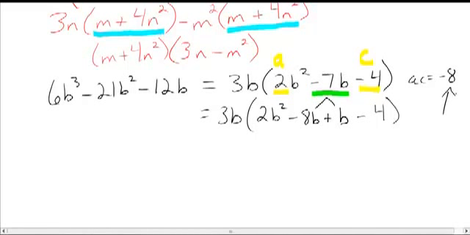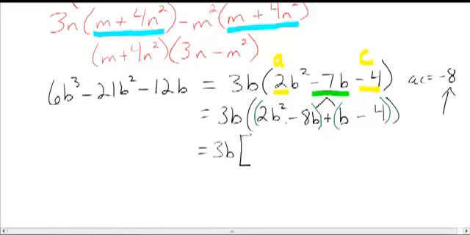So now what I've got is this pair here I'm going to group, and this pair here I'm going to group. So I have 3b, don't forget about the 3b hanging on there. I'm going to change these outer parentheses into brackets so that I clarify myself here.